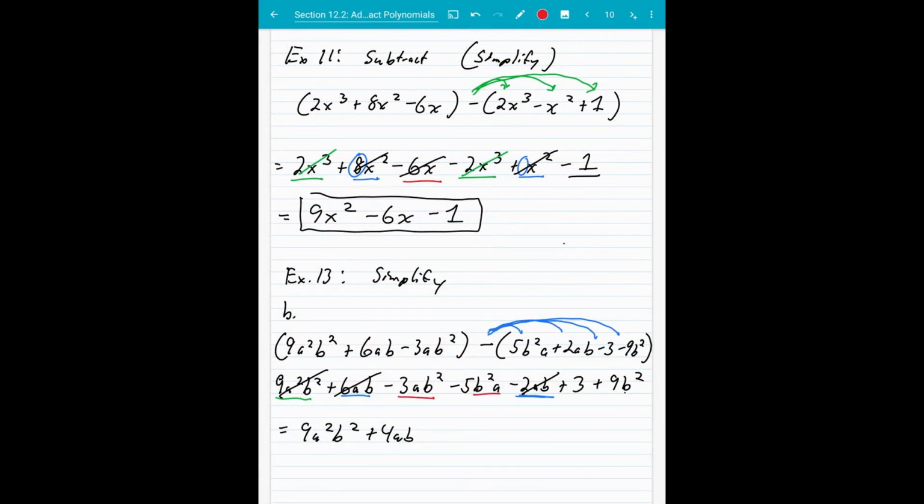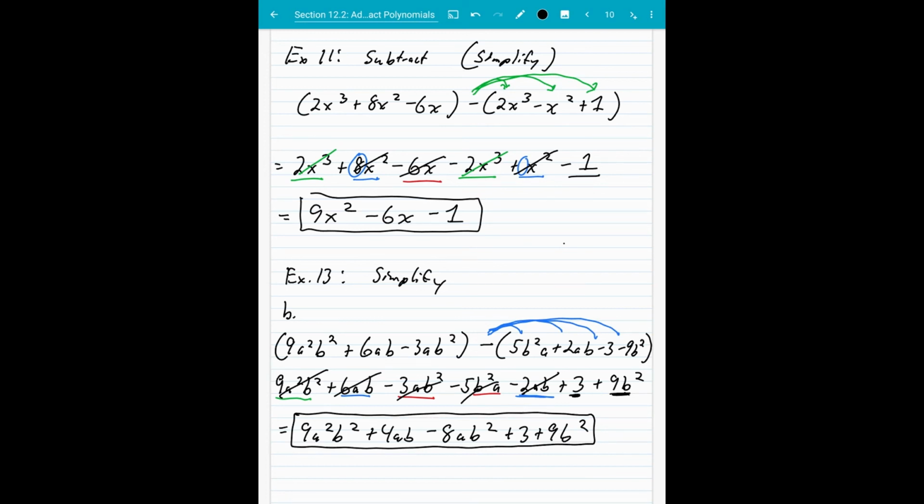So that makes -8ab squared, and I put it in ab squared format. No other numbers and no other b squareds, because these are the last two and they don't combine. We can just rewrite them: plus 3 plus 9b squared. This would be your final answer. It looks ugly, but that would be your final answer because nothing combines in there.